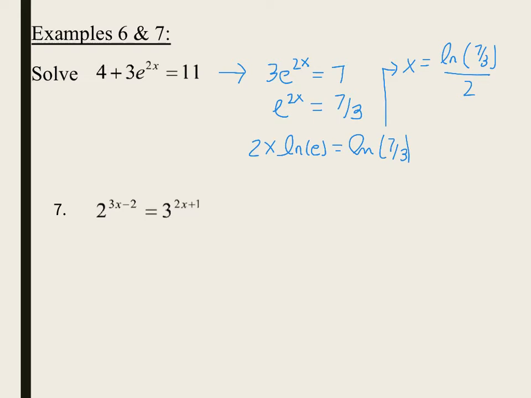So now we have number 7. Again, you want to use the common log, or you can use the natural log, but the common log would probably be okay for this particular one.